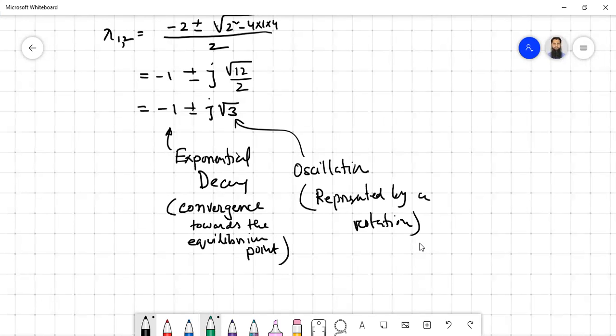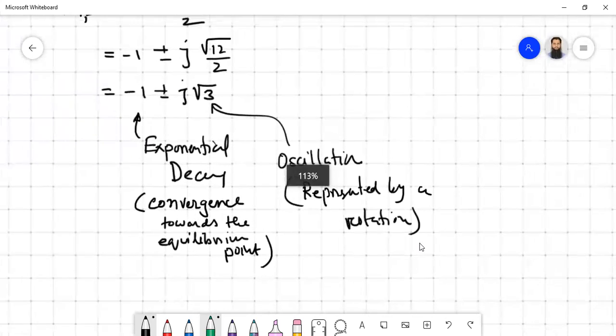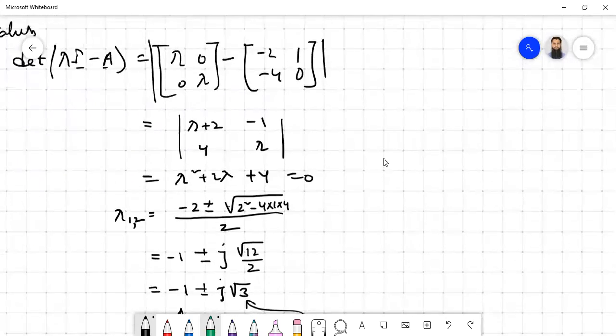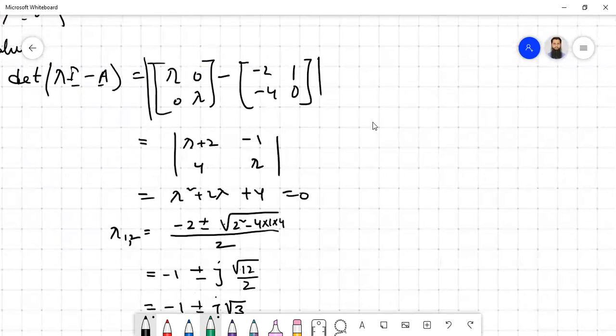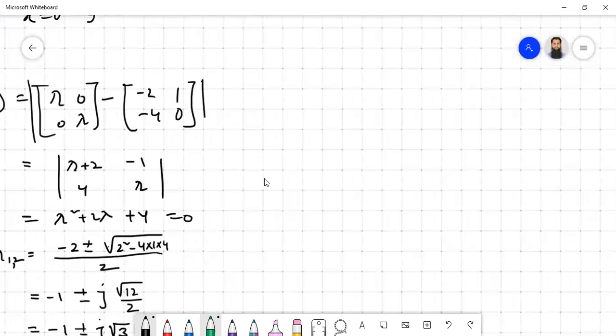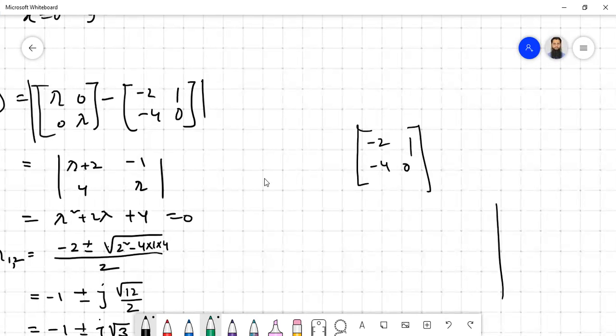So say our system matrix here is minus 2, 1, minus 4, 0. We'll be choosing any point in the axis, maybe x1, x2, whatever.